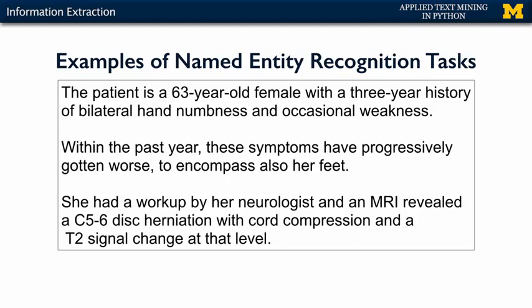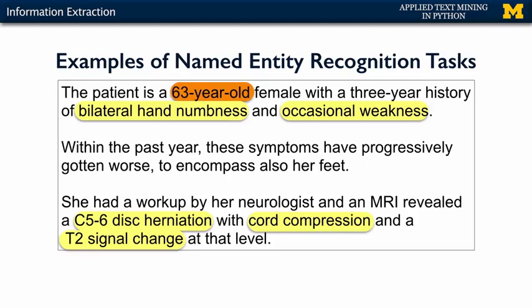Okay, now that you have had some chance to see what the named entities are, let's see some of them. One big one is the disease or the condition or the symptom, right? So you have bilateral hand numbness or occasional weakness or C5-6 disc herniation. But you also have age here.